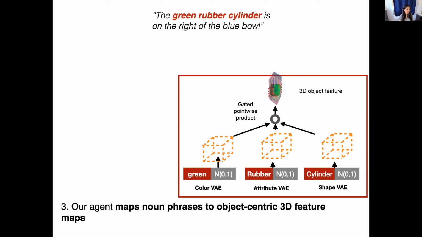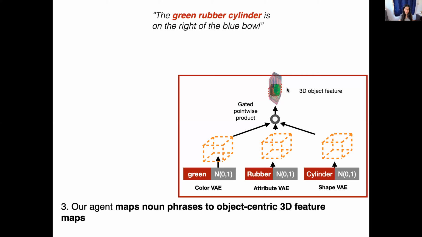Okay, so let's see what these generative networks are. Here is the one about object appearance. It takes as input a description of an object, for example, green rubber cylinder, and feeds it, and some noise, and is trained as a conditional autoencoder, where the conditioning is essentially the language. Given this utterance, it spits out a 3D feature map of the corresponding object.